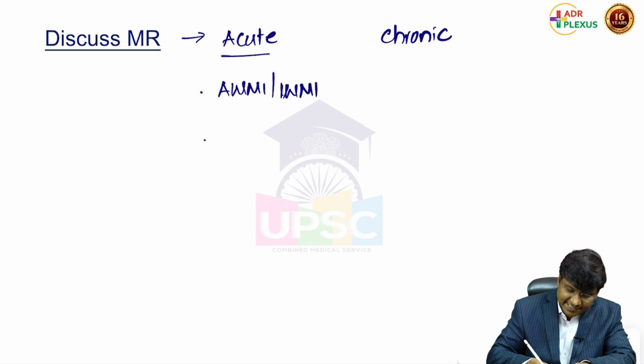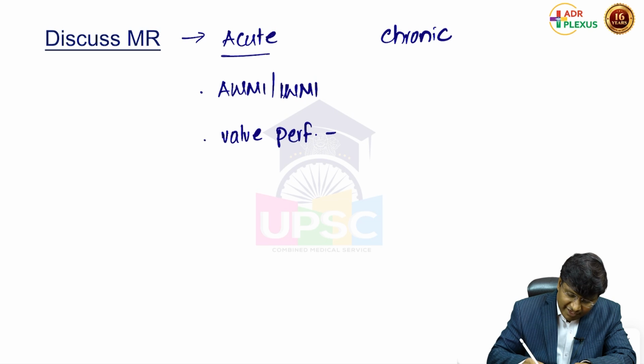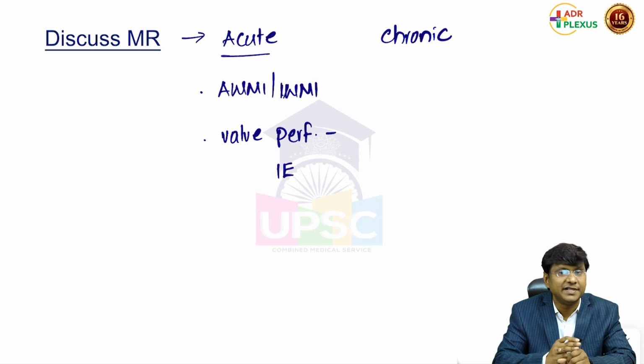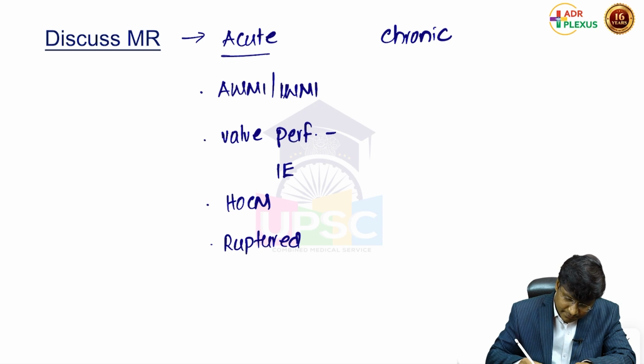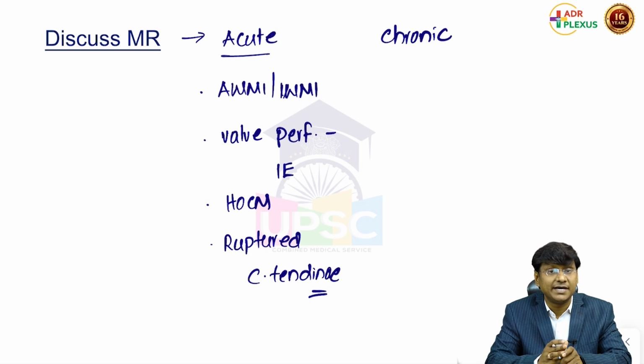Next is valve perforation in case of infective endocarditis. Then in patients with hypertrophic obstructive cardiomyopathy, then in cases of ruptured chordae tendineae.